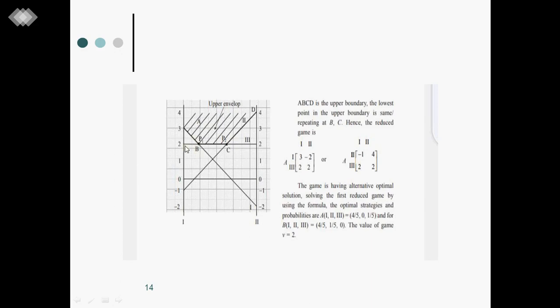If more than 2 strategies are passing through a particular point, you can discard the third or fourth one, any 2 you can take. And if the lowest point is repeated or common, as we discussed, you can take either pair of strategies passing through this point, fine.